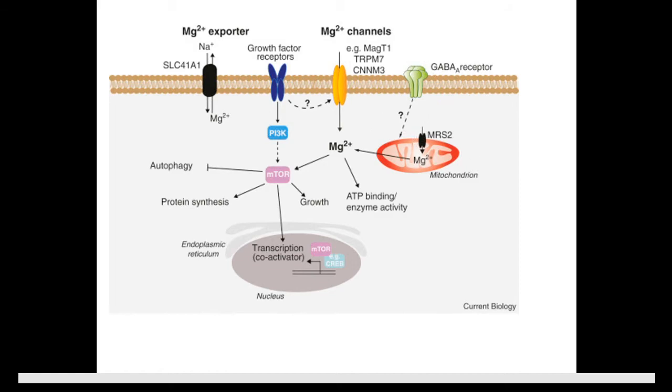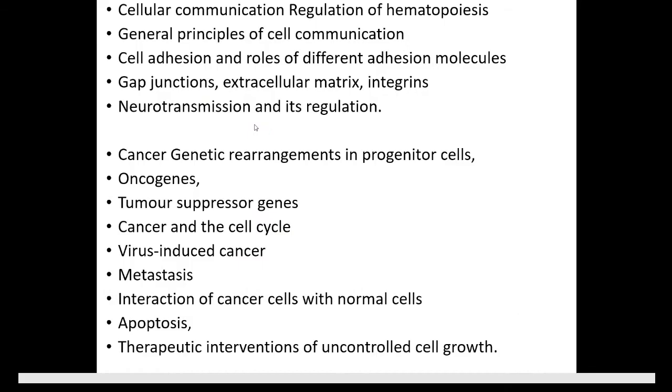Another question is the activation of the Mg2+ channel by TRPM7 protein and CNNM3 proteins. Overall, the Mg2+ secondary messenger activates different pathways: one is the growth factor pathway, another is mitochondrial-based activity, and another is the exporter pathway.